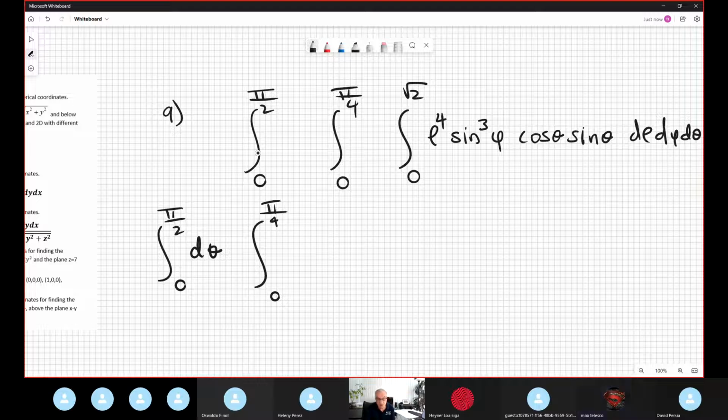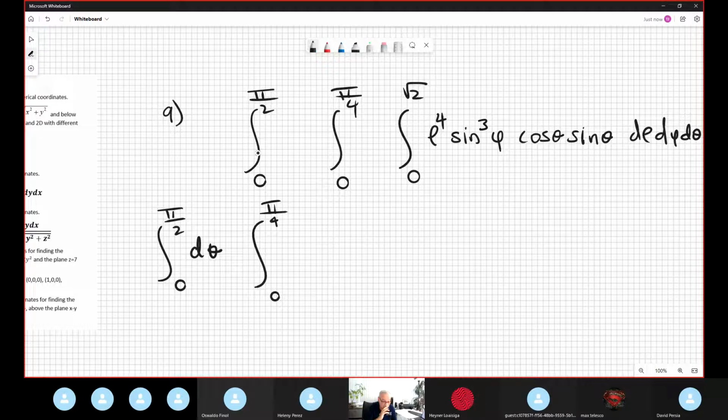And is the sine phi? I thought it was supposed to be squared. No, because you have another sine, no? Sine and sine. Yeah, that's right. Remember the integrand function is the multiplication x times y, no? And x is rho sine phi. That is the reason.